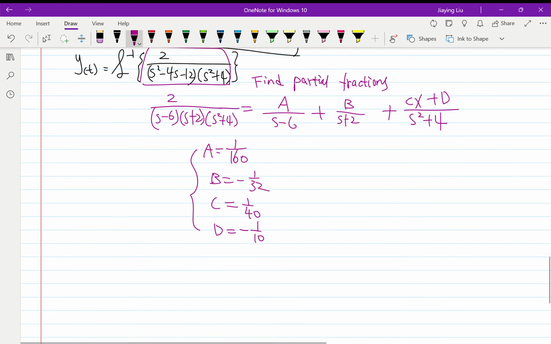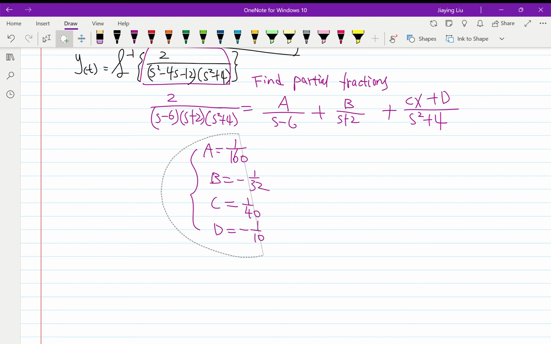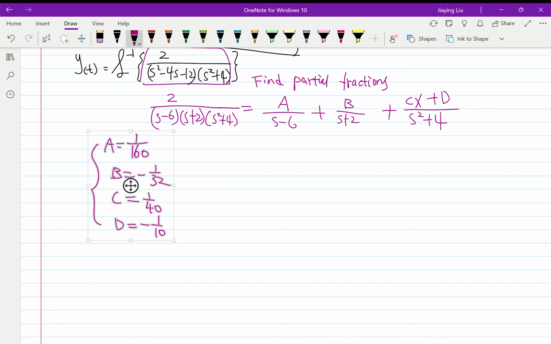So the partial fractions, if I rewrite them, it's going to be A, so it's 1 over 160 times 1 over s minus 6, plus B, which is negative, so negative 1 over 32 times 1 over s plus 2, Cs plus D, so that would be 1 over 40 times s, plus negative, so it's minus 1 over 10, divided by s squared plus 4.